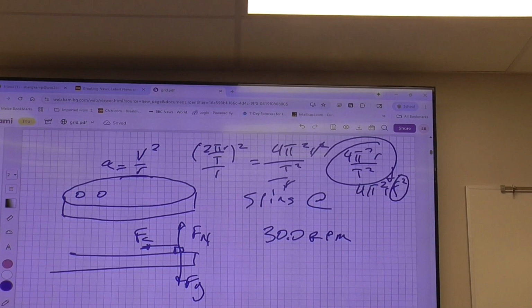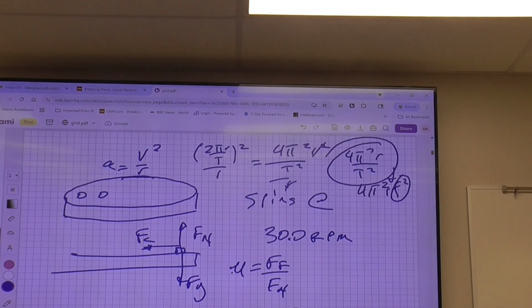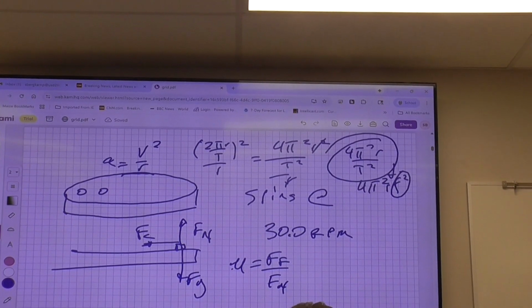Now, you also know that mu equals force friction over force normal, right? What creates the centripetal force to make that thing go around? It's either a string, gravity pulling inward, or friction. Let's go with friction.